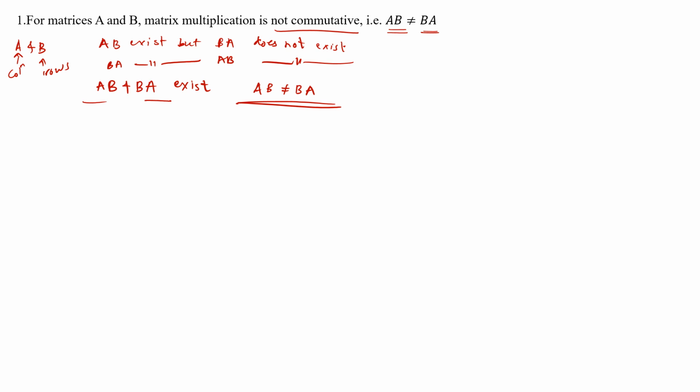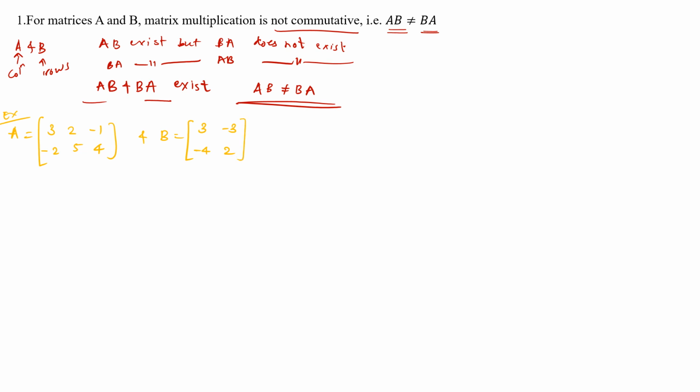Okay, suppose we have matrix A given as 3, 2, minus 1, minus 2, 5, 4, and B is a matrix, say 3, minus 3, minus 4 and 2. ये matrix दिए गए हैं.